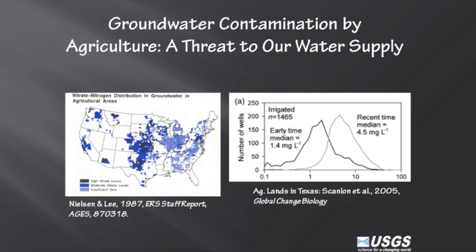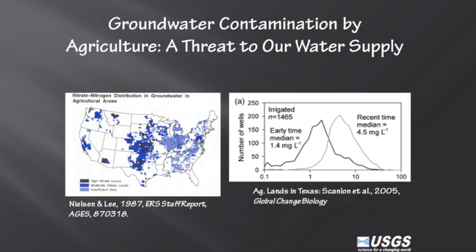But maybe more alarming than the amount of water used in agriculture is the effects of pollution on our freshwater aquifers in the United States. Places like the Central Valley in California have seen moderate to high nitrate levels throughout many parts of our drinking water aquifers.